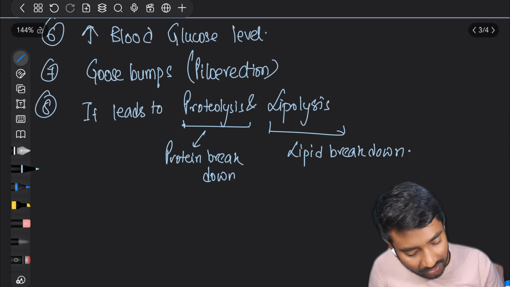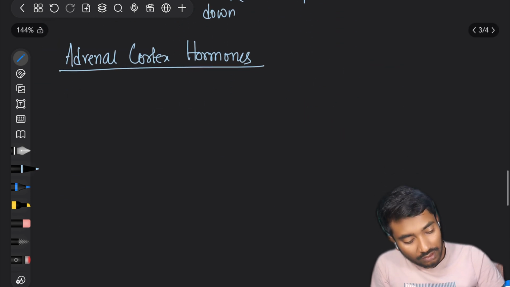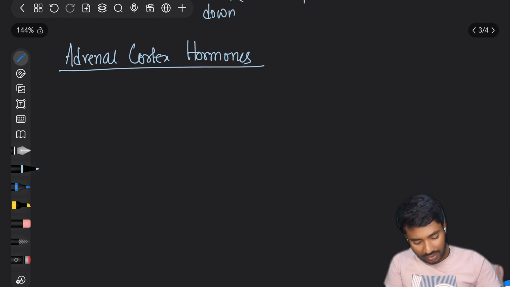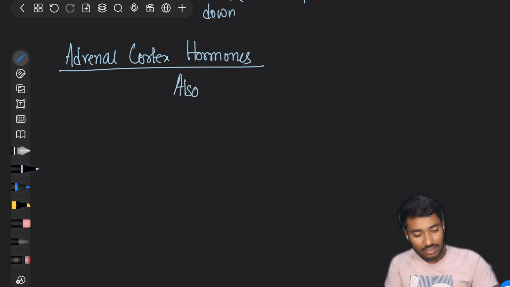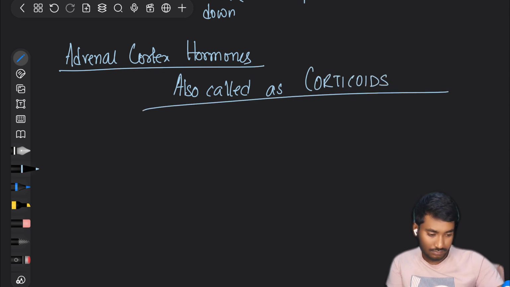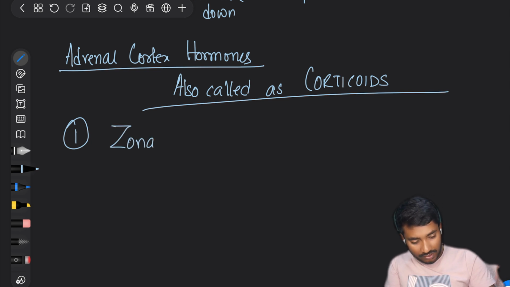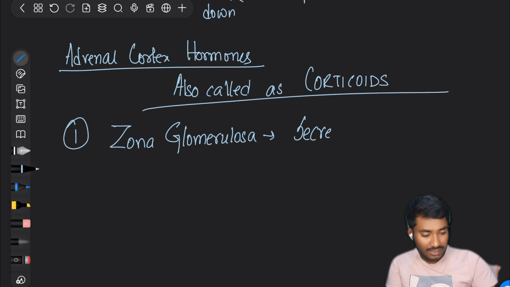So now the hormones of the adrenal cortex. These are also called corticoids. The first is the zona glomerulosa, which secretes mineralocorticoids.